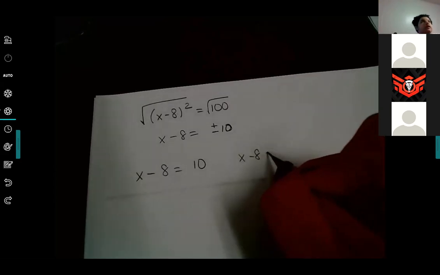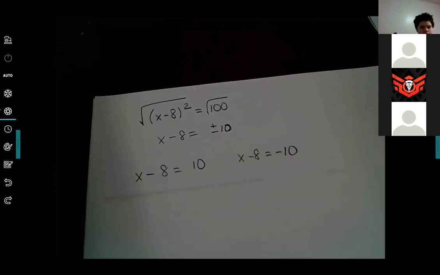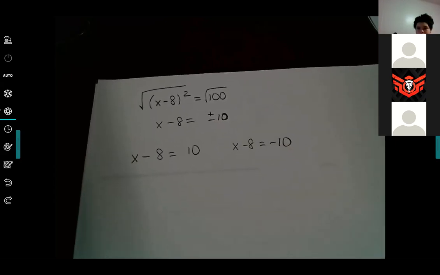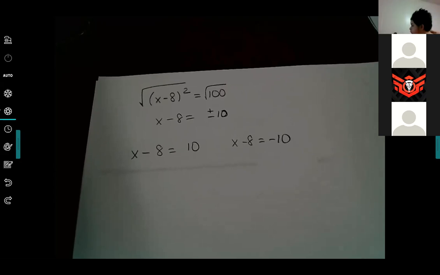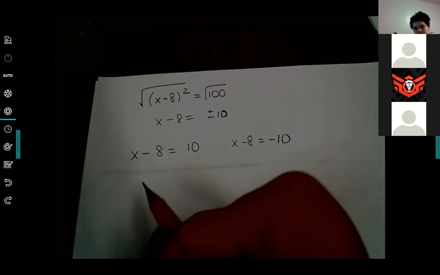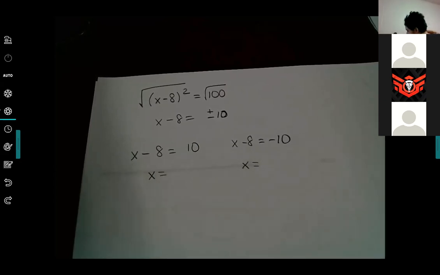X minus 8 equals negative 10. Solve those. You will not get plus or minus of the same answer. So solve those two for me. Tell me what you get here and what you get here, and it will not be the same answer, positive and negative.